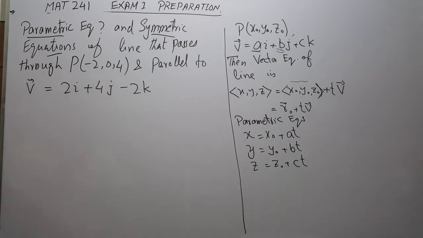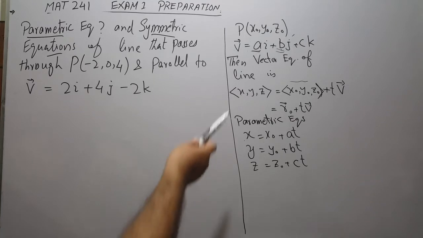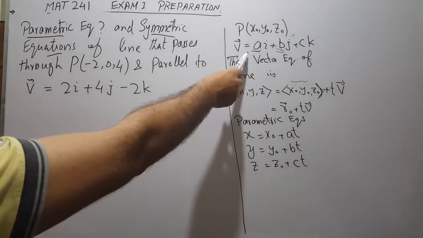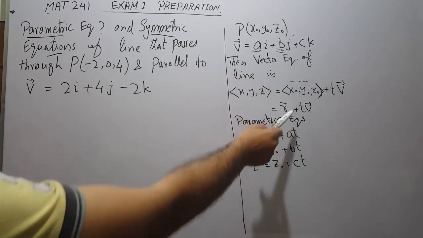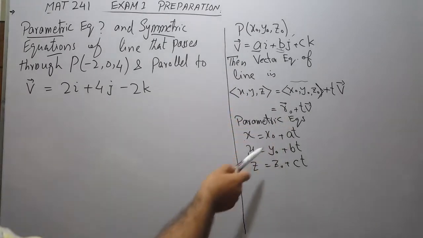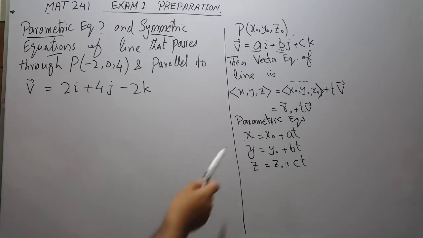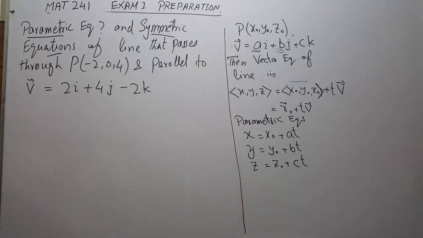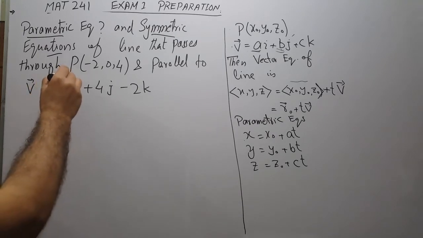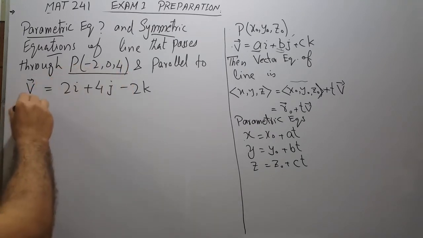So if you're asked to find out the parametric equations, you need to know the point and the vector that it is parallel to, then you write down in this format, and from there you can transform it into this, or you can straight away write down from these two in this order. So we are given the point from where it passes and the vector.